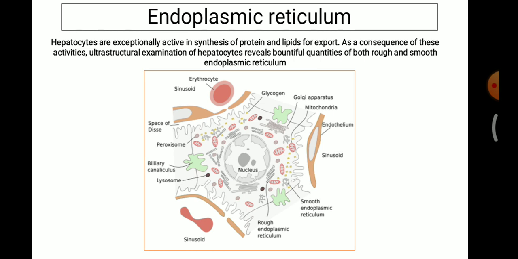It is very well known that the liver is responsible for synthesis of numerous proteins, such as albumin, globulin, and many more. So it requires the apparatus, that is endoplasmic reticulum, where this protein synthesis takes place. In this figure, find out where the endoplasmic reticulum is. Everything is shown in the figure.